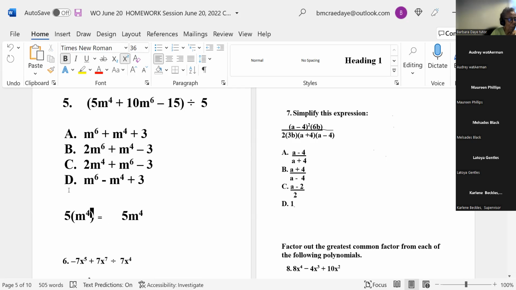So what do you have to multiply 5 by to get 5m to the fourth? Just m to the fourth. Oh, I see. Like if it was a number and this was a 10, I'd say 5 times 2 is 10, except instead of a number, it's a variable with the power. So 5 times m to the fourth gives you 5m to the fourth.